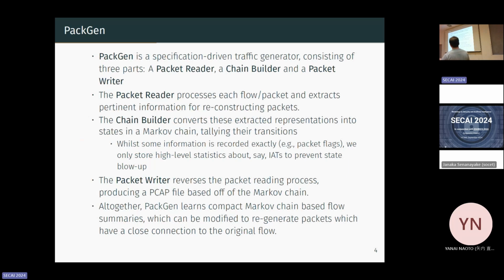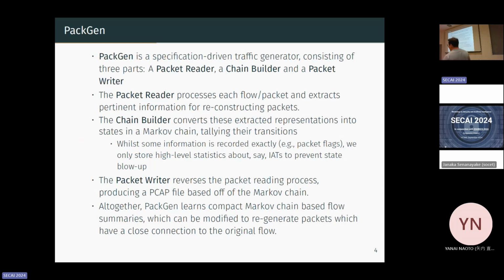And there's a chain builder. The generation statistical model that PackGen uses is a Markov chain. There's a step where we take information and discard what we feel isn't necessary for recreating packets directly. Instead, we build a Markov chain tallying transitions between packets. Each state stores information about each packet.